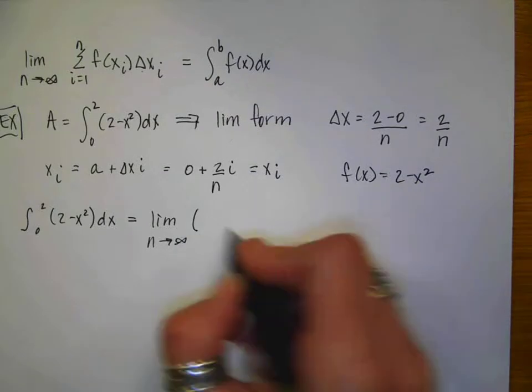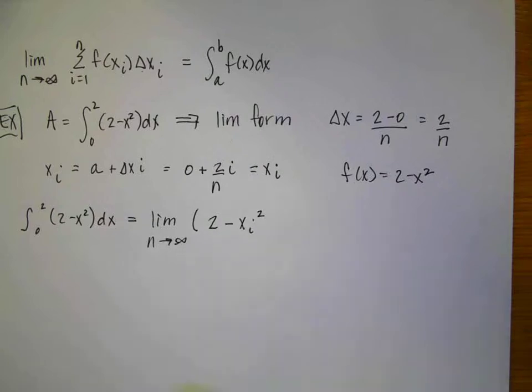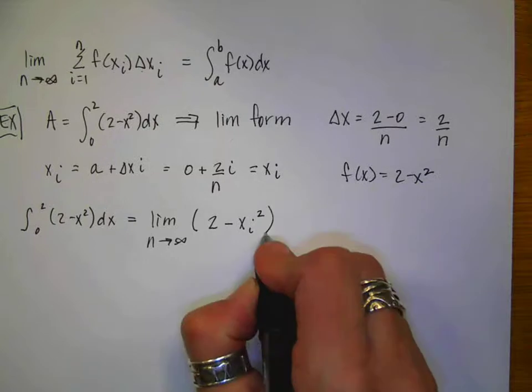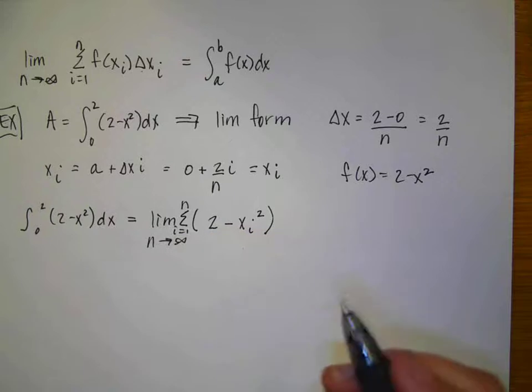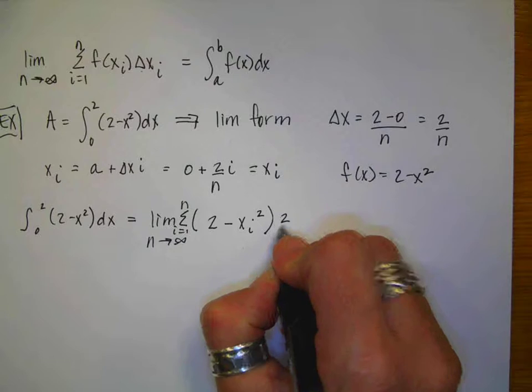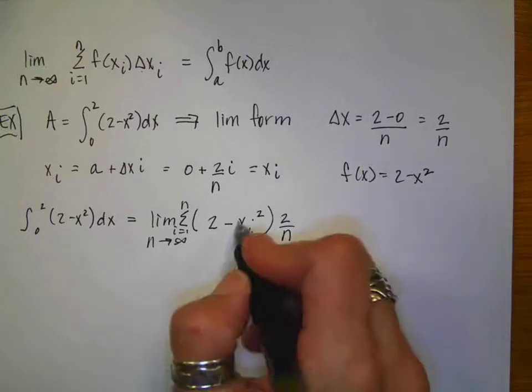So I need my function evaluated, so I'm going to do 2 minus x sub i, quantity squared, that's the function evaluated at x sub i, and then times, oops, I forgot the summation from i equals 1 to n, and then multiplied by my delta x, and my delta x was 2 over n, okay?